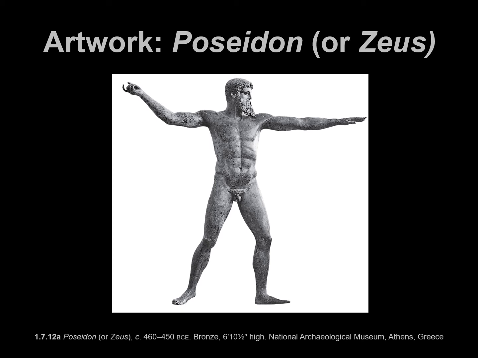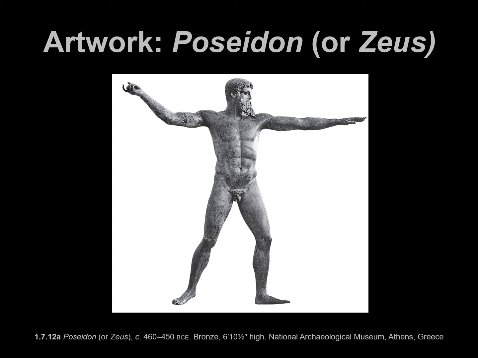This is an artwork called Poseidon or Zeus. We're not totally sure which of the two it is because someone stole the object. If it had been a trident in his hand, then that would have been Poseidon, right?